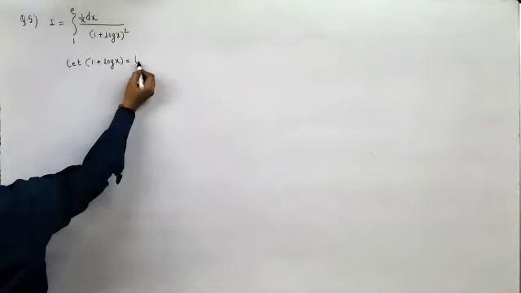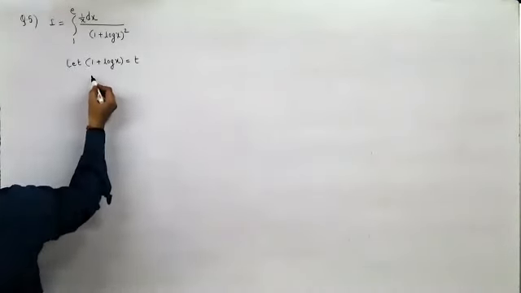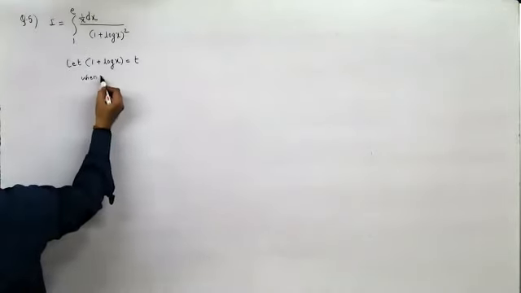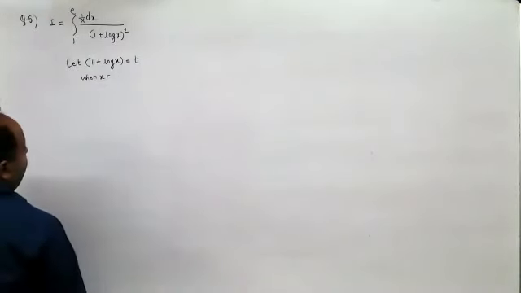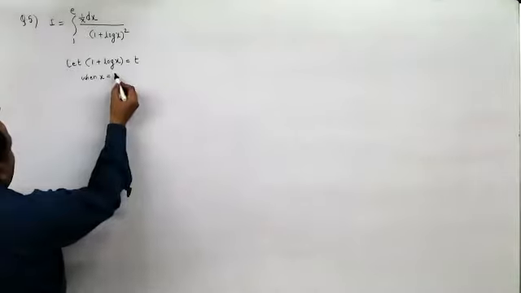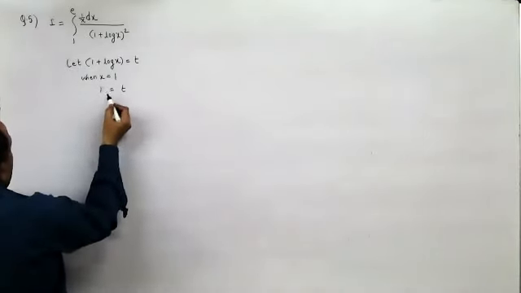When you take 1 plus log x as t, here this would be when x is 1. You took 1 plus log x as t, or you took log x as t? So 1 plus log x. Okay, so when x is 1, 1 plus log 1, that is 0, is equal to t. So t is 1.